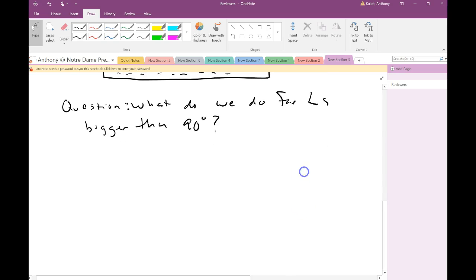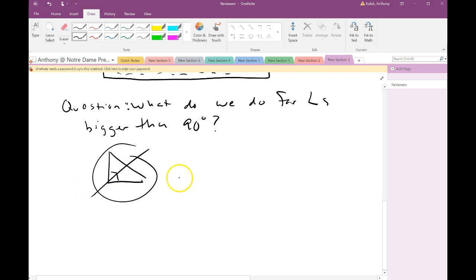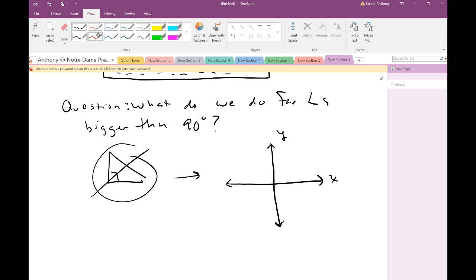So what we do then is rather than defining these angles inside of a right triangle, we're going to say goodbye to this definition, and we're going to extend our definition to an angle onto the xy axis, where we're going to say that one side of our angle is always going to be on the positive x-axis.